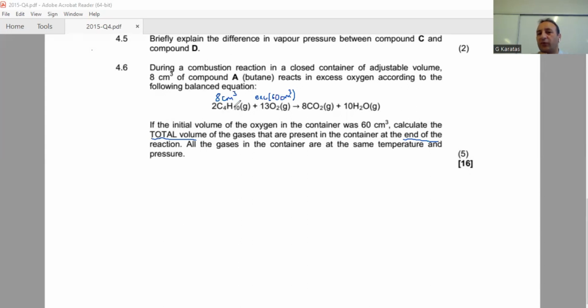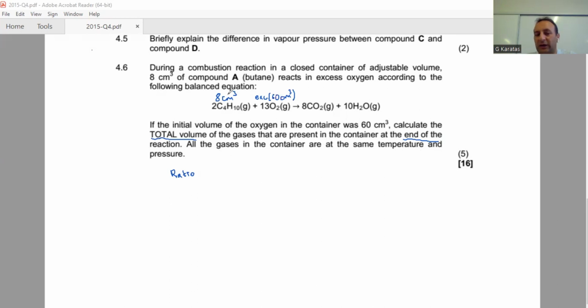Here we have the volume. We can go with the RICE table. In a RICE table, we usually use the mole number. But in this case, it is difficult to find the mole number because we don't know the exact temperature and pressure.